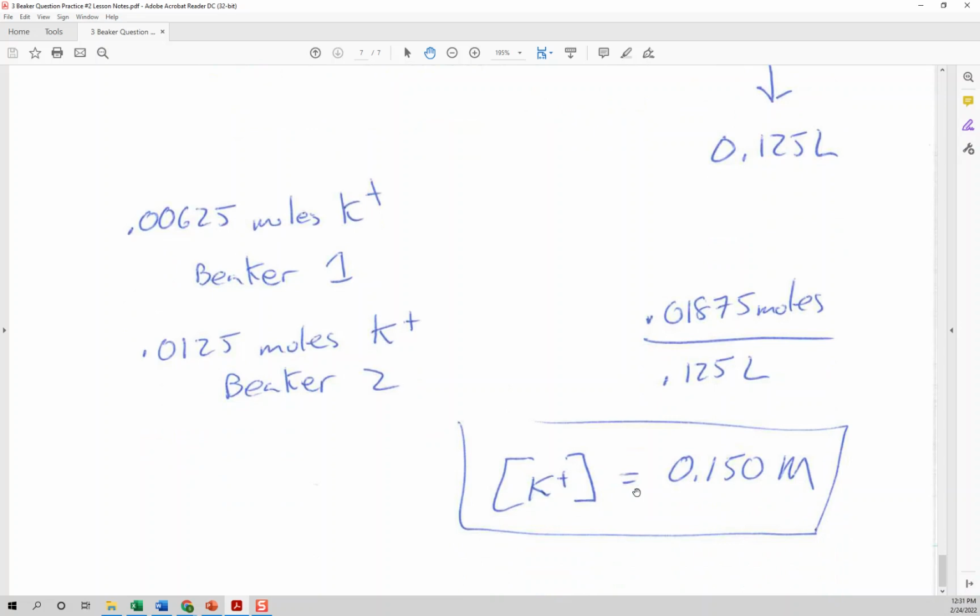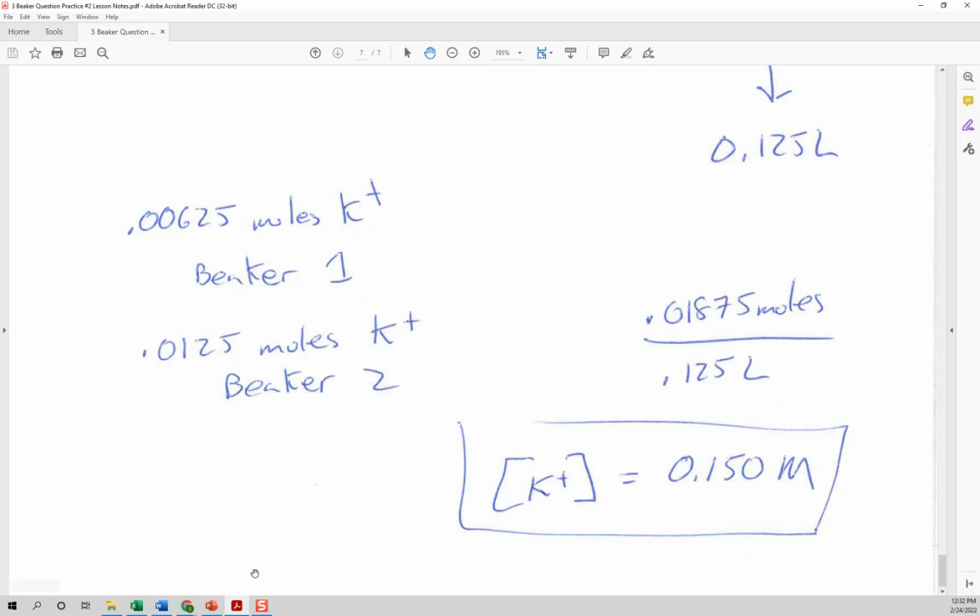It's that simple because, again, the potassium is just a spectator. We didn't lose any of it. It's not involved in any of the reactions. The potassium that was dissolved at the beginning is equal to the potassium that was dissolved at the end. So it's just figuring out the total moles, because we had multiple sources of potassium, and then dividing by the new volume in liters.